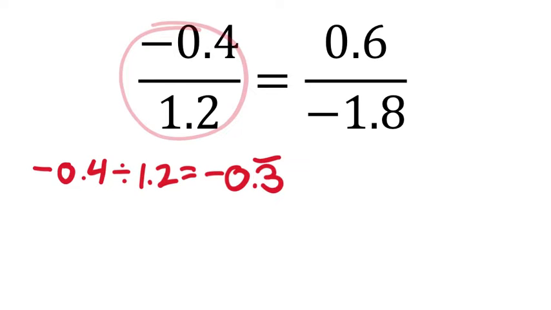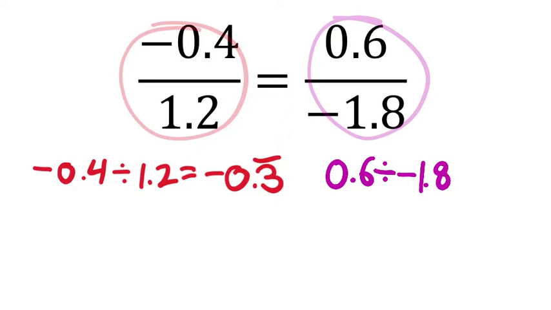There's some bar notation, nice little review there. And then we got the second fraction here, 0.6. Again, I'm just going to the calculator, 0.6 divided by negative 1.8, and I'm just seeing what the calculator gives me here. Yeah, and I got the same exact decimal, negative 0.3 repeating.